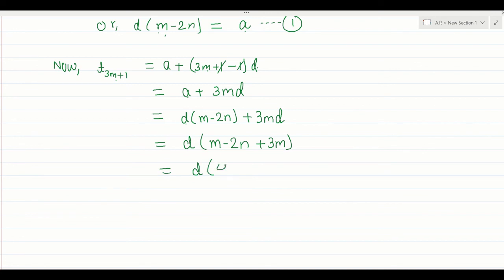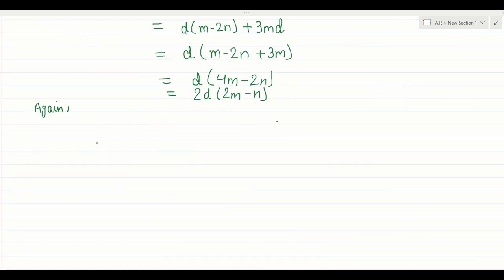D in bracket 4m minus 2n. Now again 2 and 2 can be taken from inside the bracket. So 2D, and we are left with 2m minus n. Is this clear?